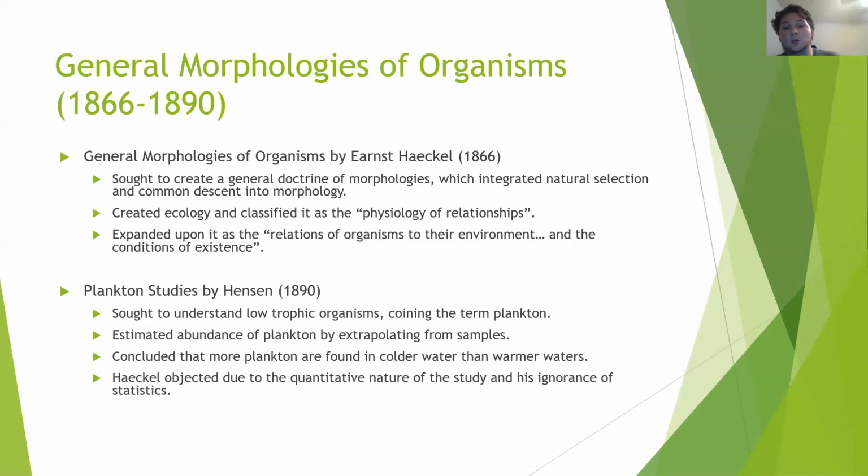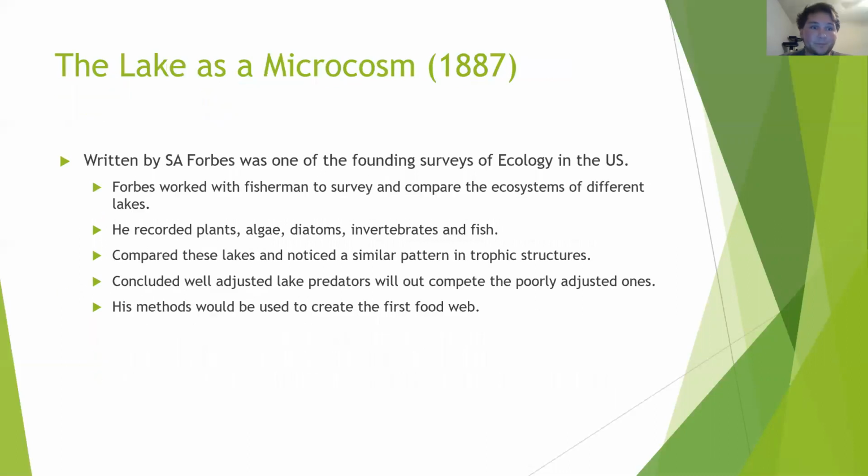And so when he did this, Haeckel objected because he was using data that he didn't have. He was predicting something, and Haeckel kind of thought that statistics was a hand-wavy science, that it wasn't real. And so I think we all know who ended up being correct in this one. But yeah, not without flaw.